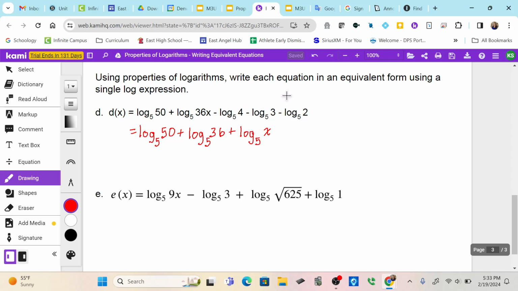With these final three, I'm going to factor out a minus, because what that's going to give me is a positive log base 5 of 4 plus log base 5 of 3 plus log base 5 of 2.